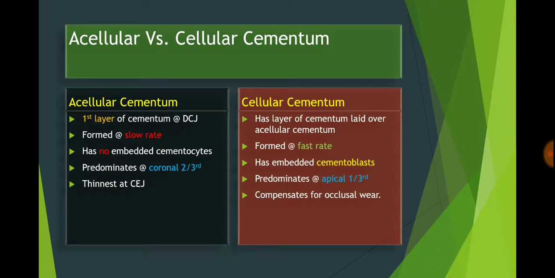The cellular cementum is formed at a faster rate, and it has cementoblasts. Now, where do you find most of the cellular cementum? It is found at the apical 1/3 of the root, and this is the one which I mentioned before. It compensates for the occlusal wear. Make sure you know the difference.